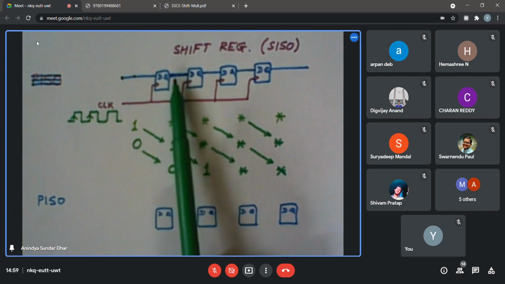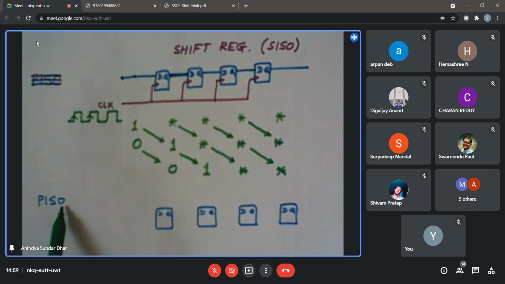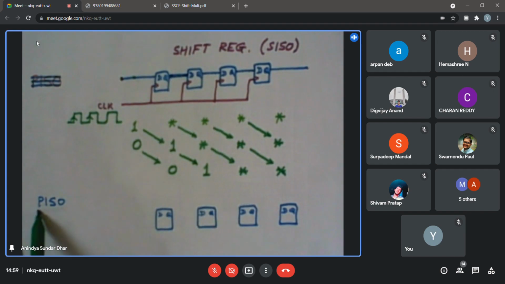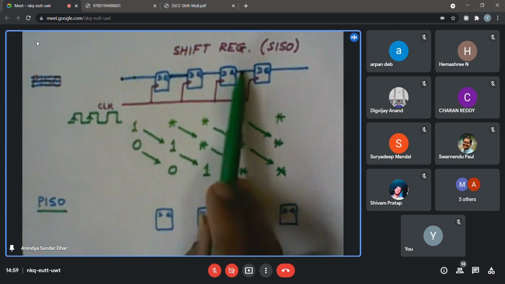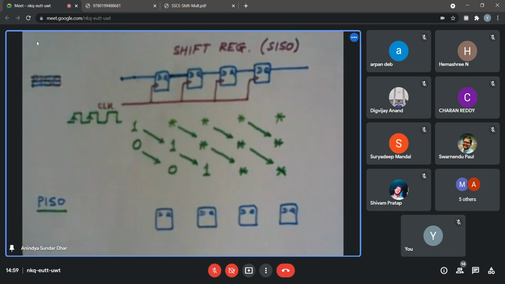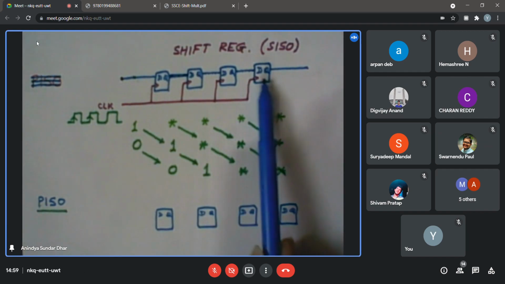So here, then what is the possibility of parallel input? I said parallel input, serial output. So I require the provision of inputting in parallel, but I also require to get the serial output. That means a shift mechanism should also be there, but I need to load that one also. But then there might be a confusion for the flip-flop, because think about this flip-flop. I'm just personifying this flip-flop.